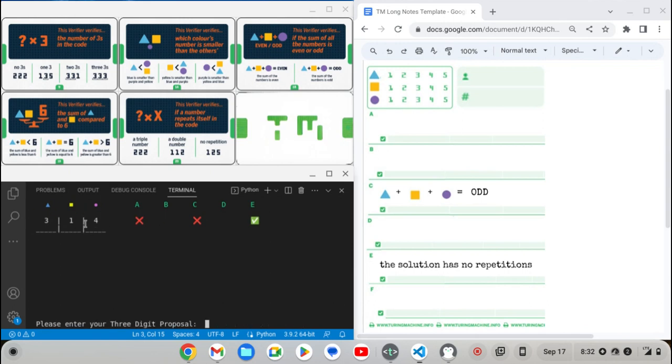Okay, so the fact that I have a 3 and the Turing machine does not approve lets me know that there should not be any 3s in our solution. I think the risk paid off. So let's type that up in our notes, that the solution has no 3 digit.